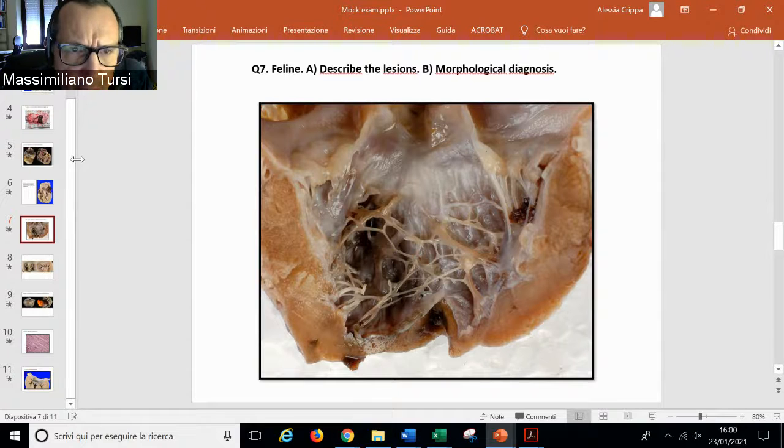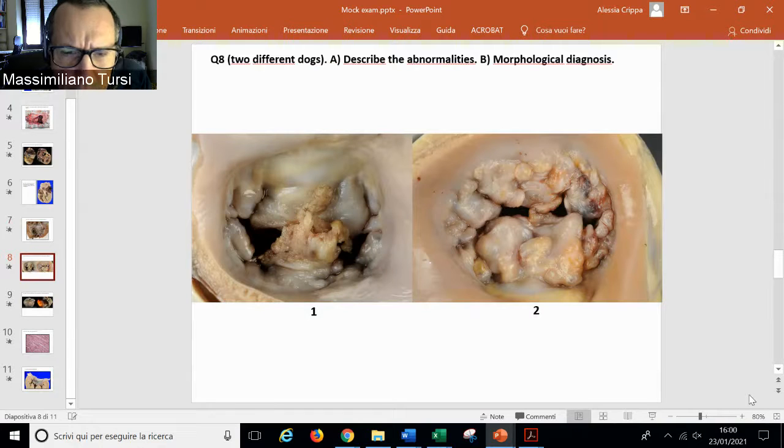The next one, Alessia, thank you. Oh, wonderful, fantastic. Two different dogs, the same valve, the mitral valve. Describe the abnormality. On the left, number one, there is an exophytic formation, irregular, yellowish, whitish, and that's a proliferative endocarditis.